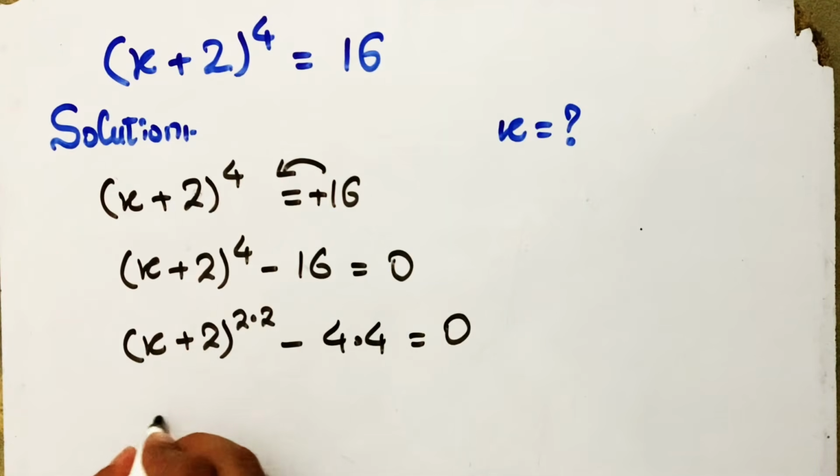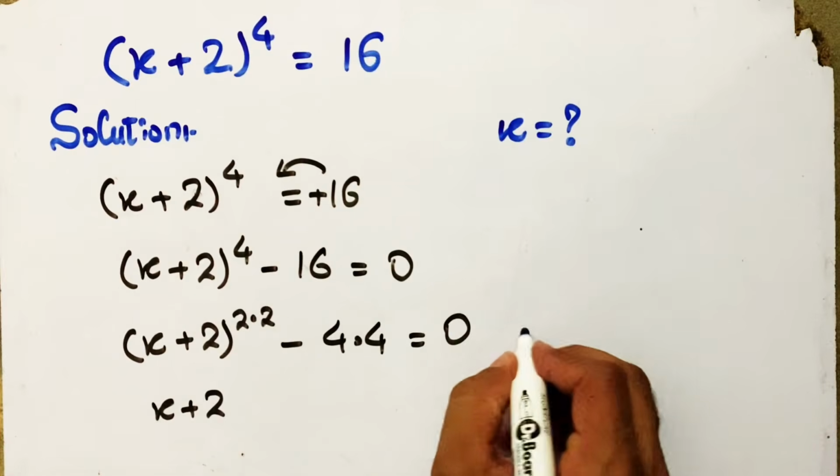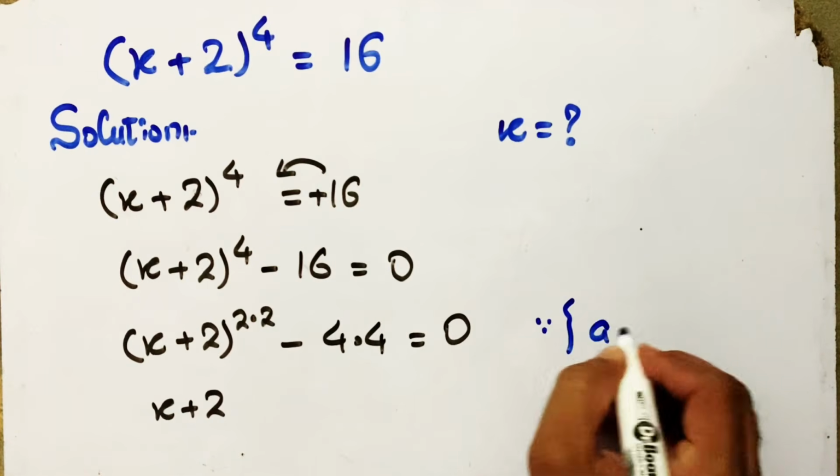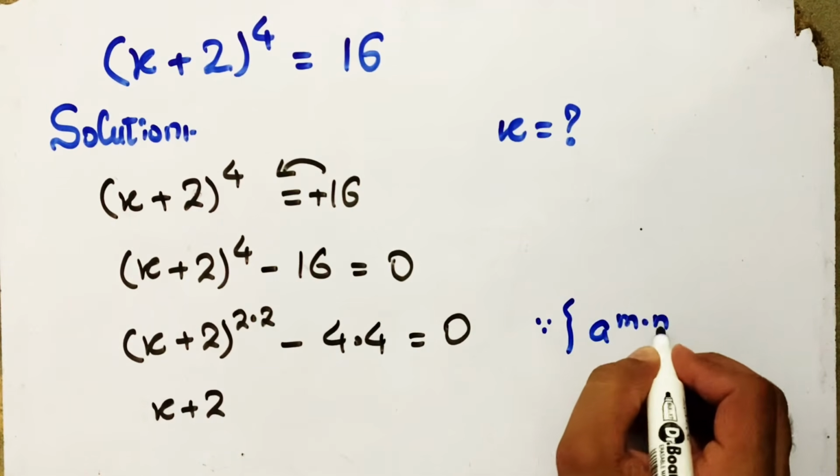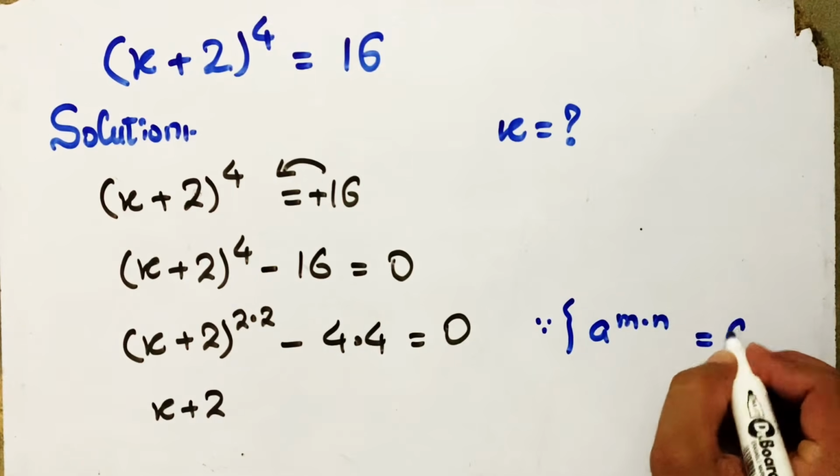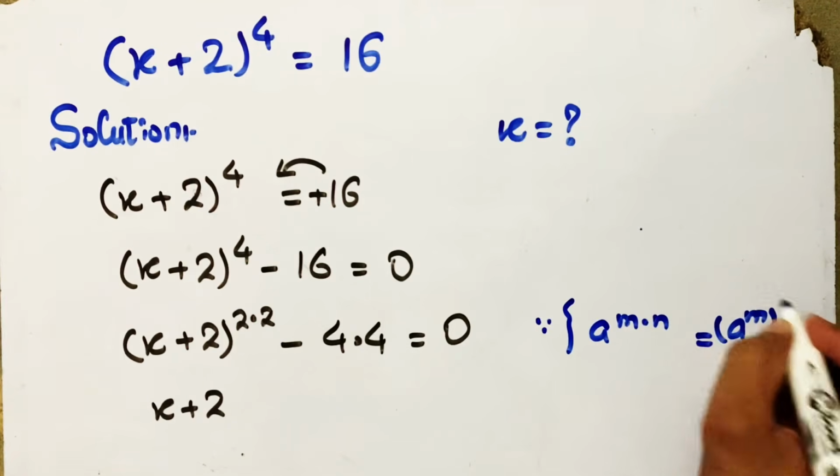So here I'm using the power rule: if a to the power of m into n, this equals a to the power of m, whole power n.